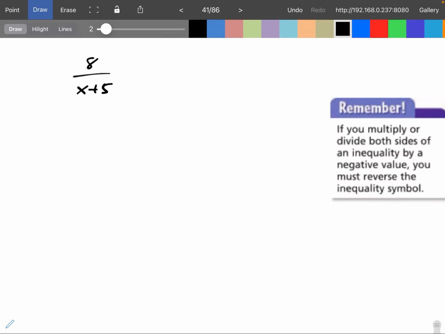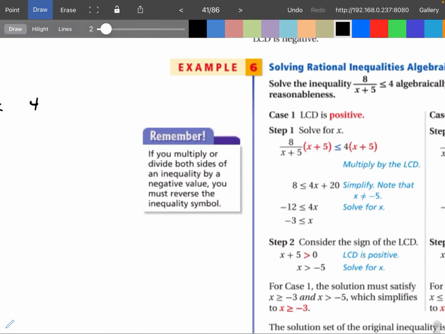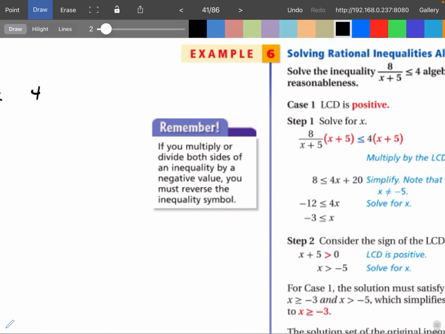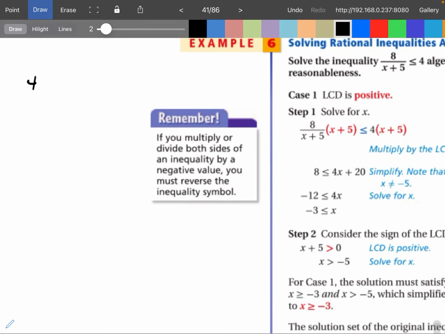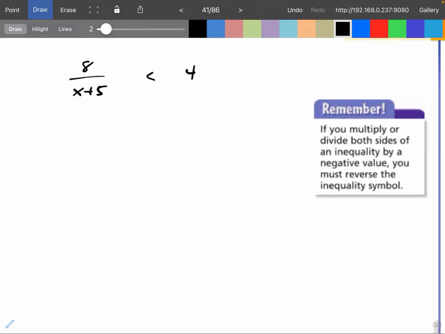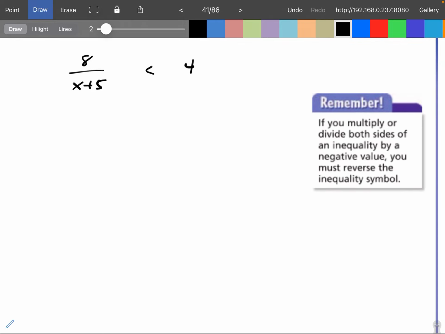So what was it again? 8 over x plus 5 was less than 4? Greater than or equal to 4? I don't remember. Less than or equal to. 8 over x plus 5, less than or equal to 4. Okay, gotcha.